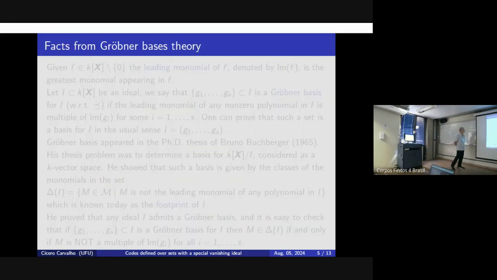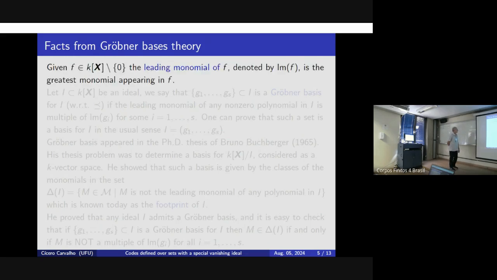Now, of course, a non-zero polynomial is a sum of monomials with some coefficients. Since we have a total order, one of these monomials must be the greatest, and this greatest monomial is called the leading monomial. Now, let I be an ideal of the polynomial ring.